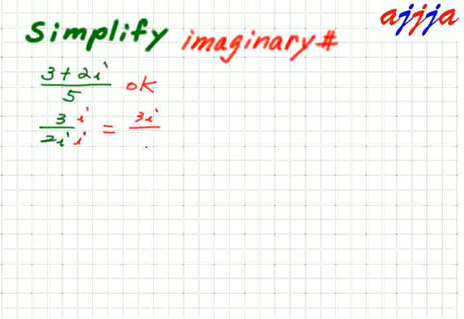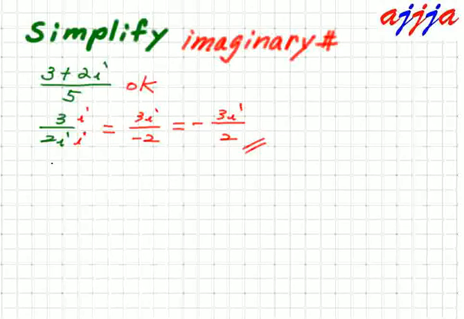So the top is 3i, but the bottom is 2 times negative 1, which is negative 2. So the final answer is negative. Even though you cannot use a negative sign underneath, you can use it in the front or top. So negative 3i over 2. Wow, that's clean.